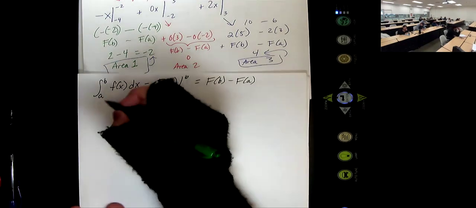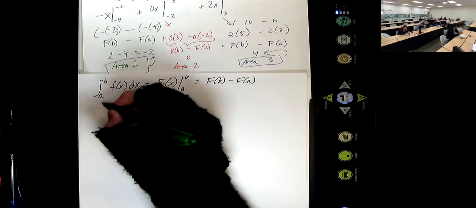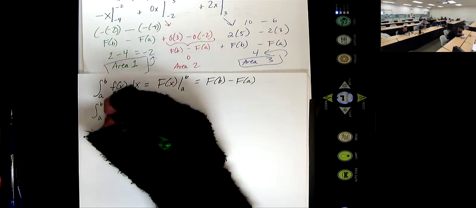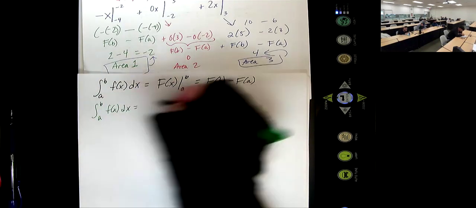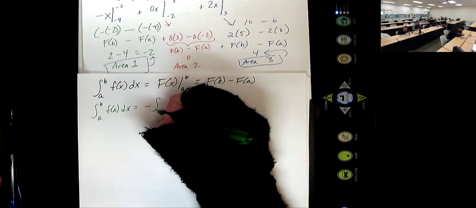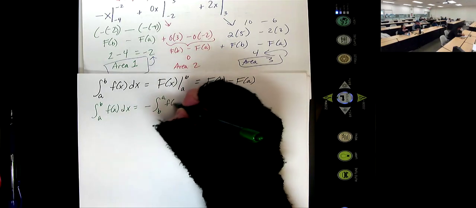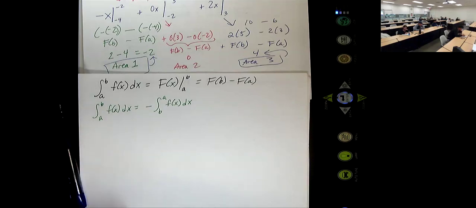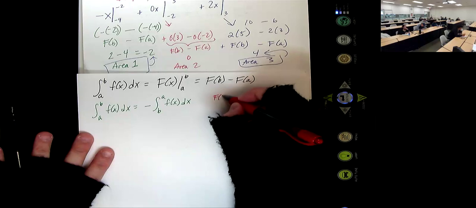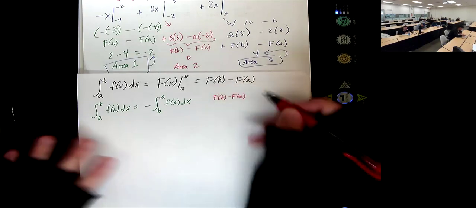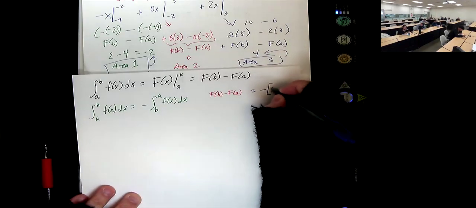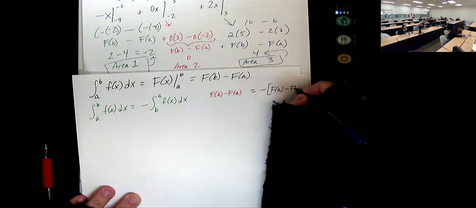If we're going from a to b, f of x dx, this is exactly equal to the same integral with the order of integration, or the limits of integration, switched. Notice the left side would get me F of b minus F of a, and the right side gets me negative, F of a minus F of b.